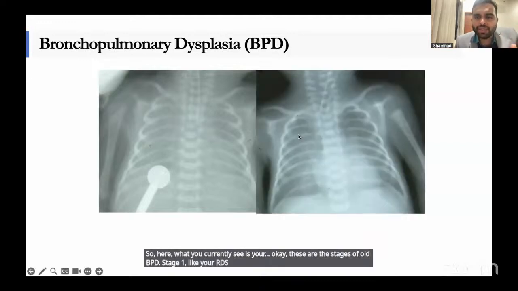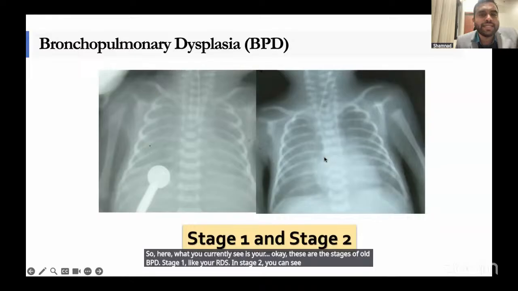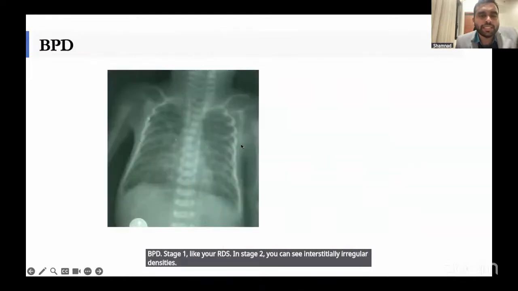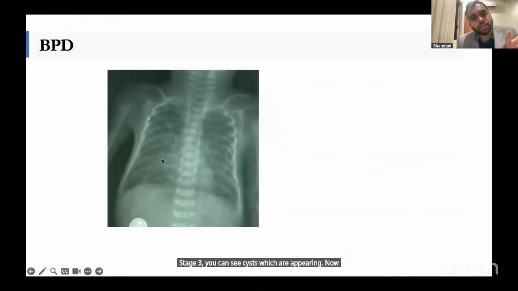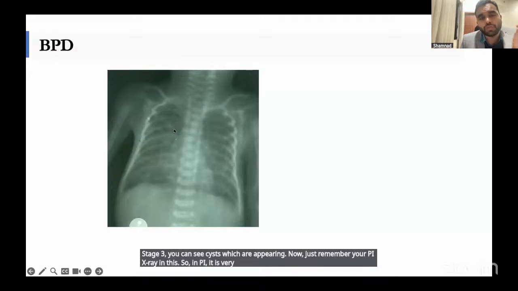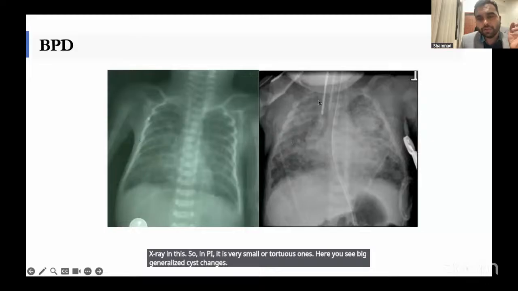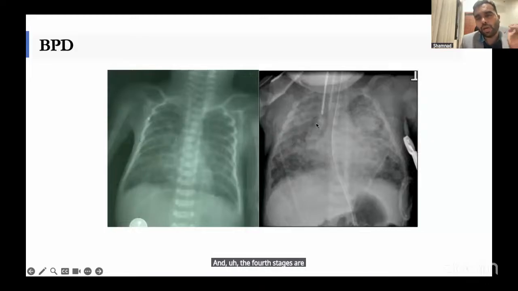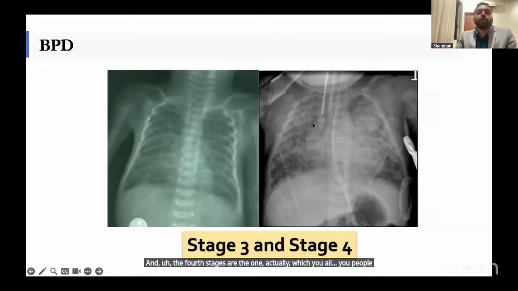In stage 2, you can see interstitial irregular densities. Stage 3, you can see cysts appearing. Now just compare, remember your PIE X-ray. In PIE, the cysts are very small and tortuous. Here you see big generalized cystic changes. And the fourth stage is the X-ray which you all answered correctly, the fibrotic one.